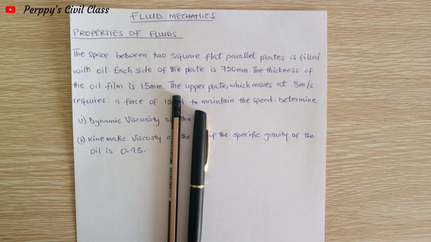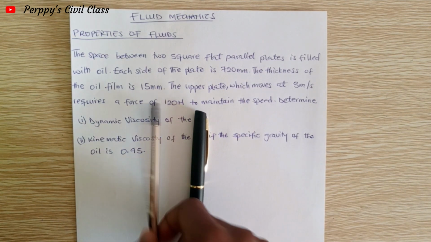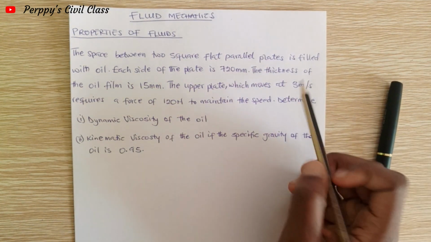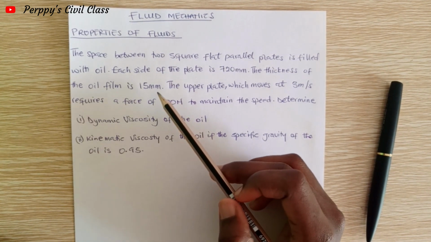Today's question is under fluid mechanics. The question reads: the space between two square flat parallel plates is filled with oil. Each side of the plate is 720 mm. The thickness of the oil film is 15 mm.